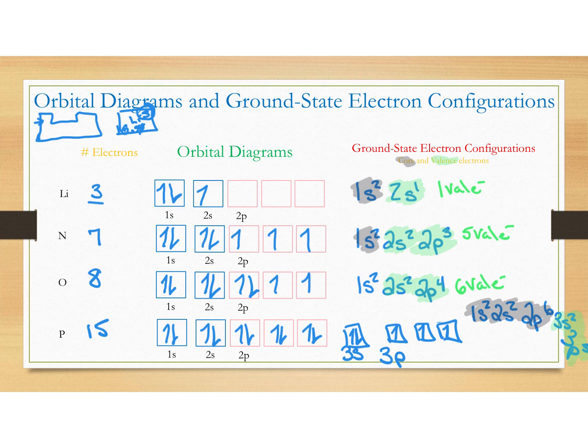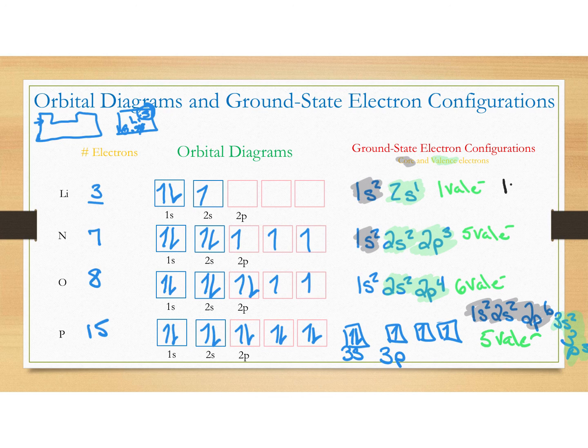So I have 10 core electrons, and how many valence electrons in phosphorus? 2 plus 3 is 5 valence electrons. So I have 5 valence electrons in my phosphorus.